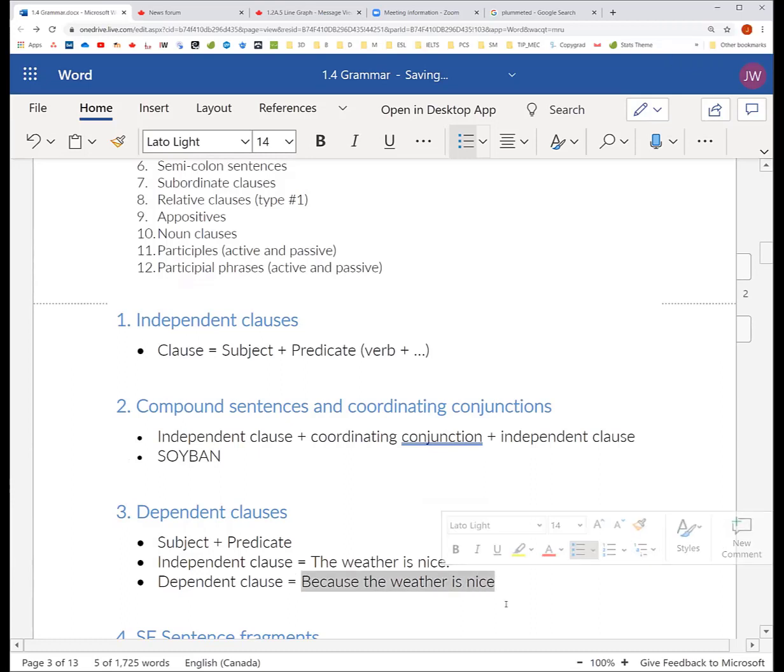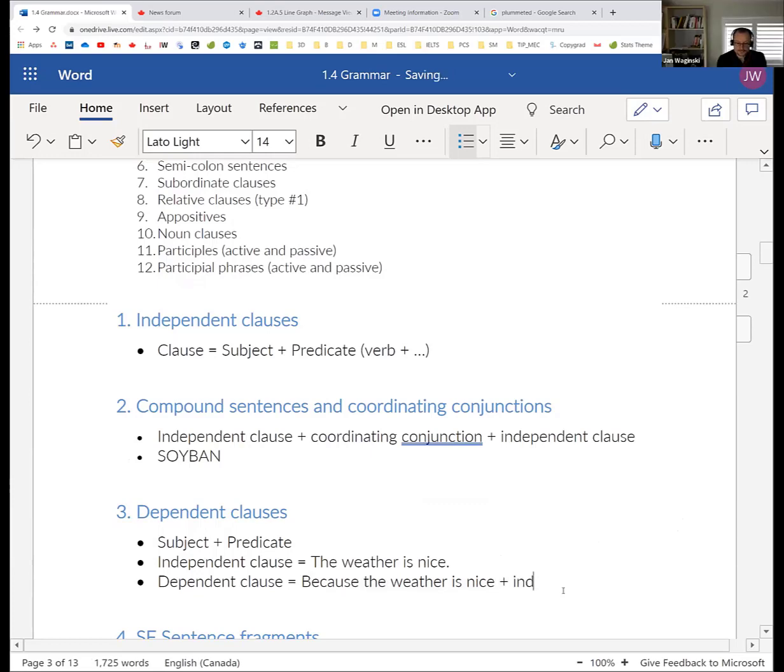No, need independent clause to explain the meaning. Exactly. Give the meaning. Because I've added this subordinating conjunction, it's no longer a complete idea on its own. It still needs an independent clause. Because the weather is nice, we went for a picnic.